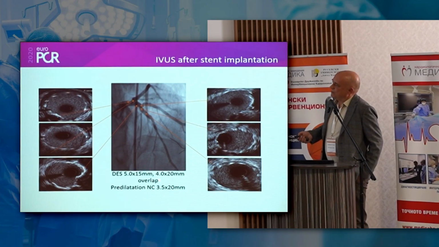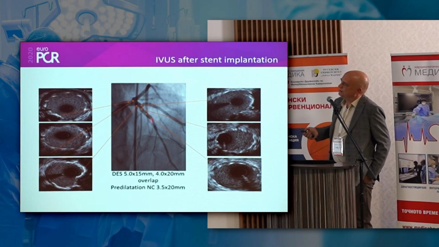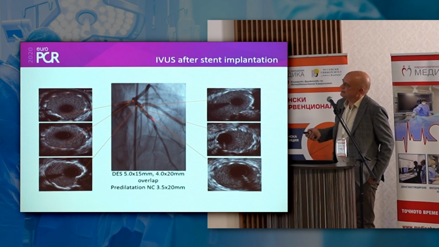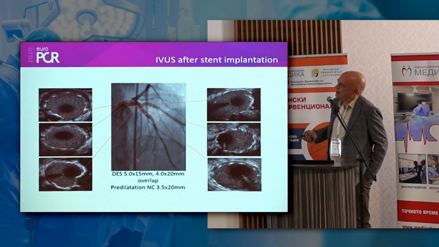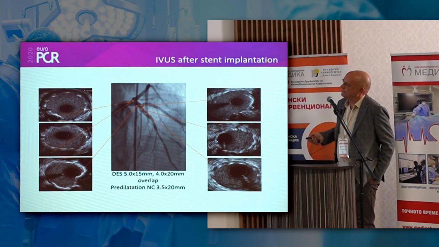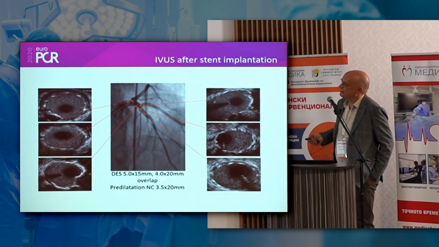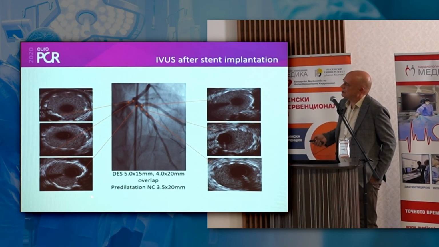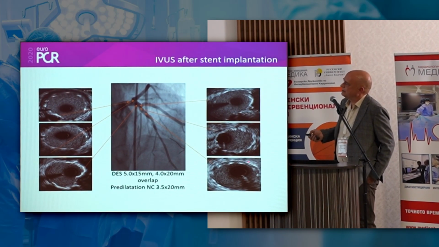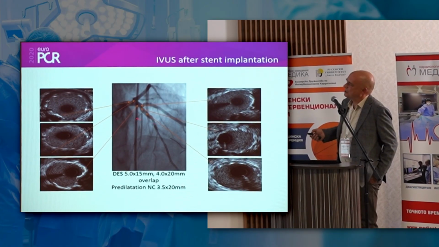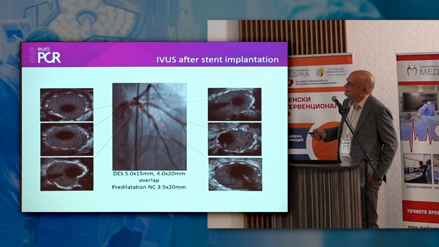So on the basis of the IVUS measurement, in the mid-segment we put first a 4.0 drug-eluting stent, with an overlapping 5.0 after predilatation. On the IVUS, that was the final result. We have small malapposition at the distal landing zone.